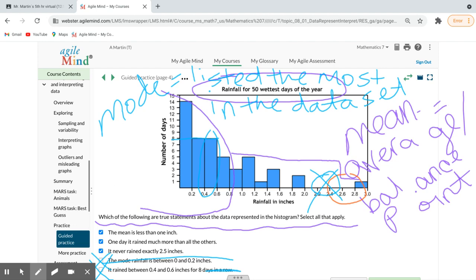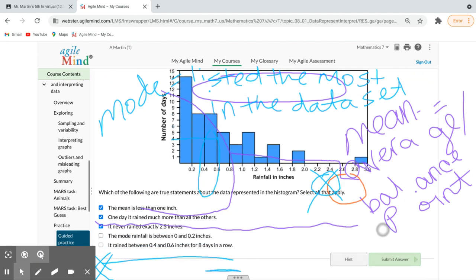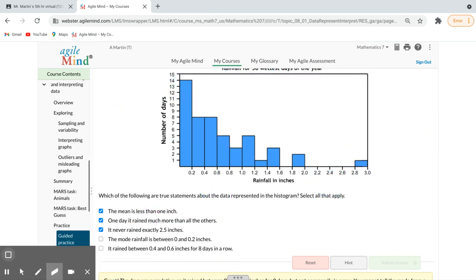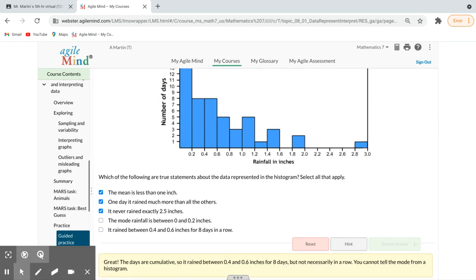So that is going to be wrong as well. It says the days are cumulative. So it rained between 0.4 and 0.6 inches for 8 days, but not necessarily in a row.